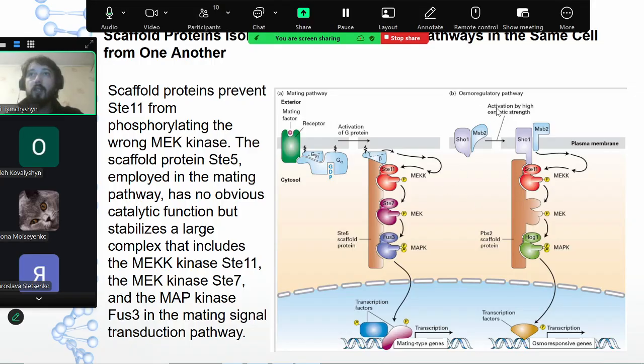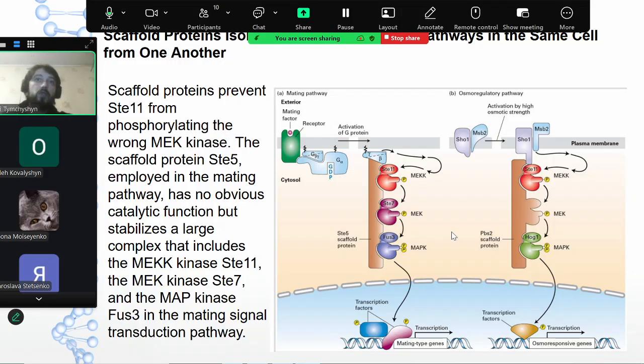You have an osmoregulatory pathway and a mating pathway, and here and here you have different receptors, but it all goes to activation of MAP kinase kinase kinase, then MAP kinase kinase, then MAP kinase, and so on. It goes to transcription factors, but at the end of the day we want to activate different transcription factors because we have different signals, and these scaffold proteins prevent STE11 from phosphorylating the wrong MAP kinase kinase.